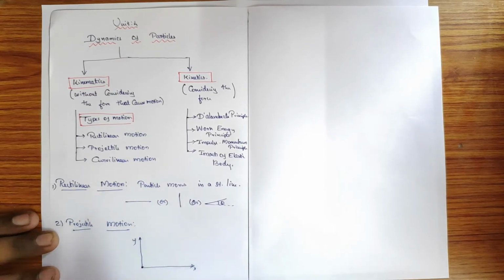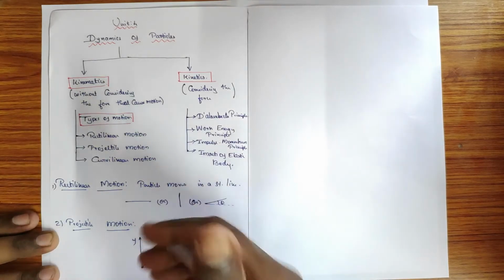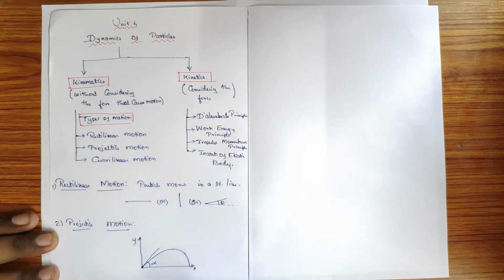From here I am going to throw a particle at an angle, which you can consider as alpha. If it is thrown, the particle moves under the effect of gravity, just like this, and it will trace a path called a parabola on the vertical plane.